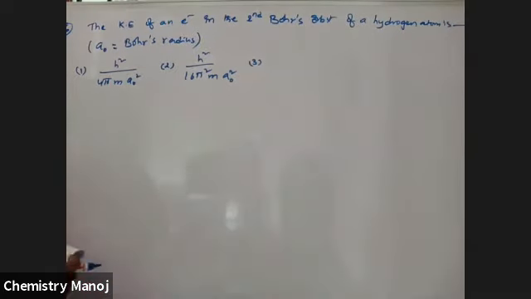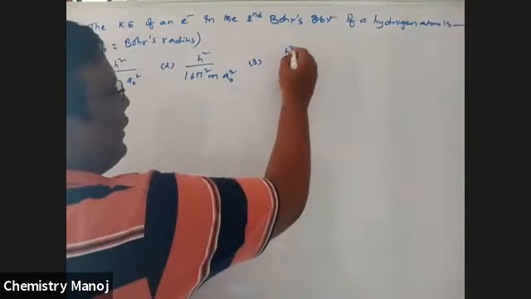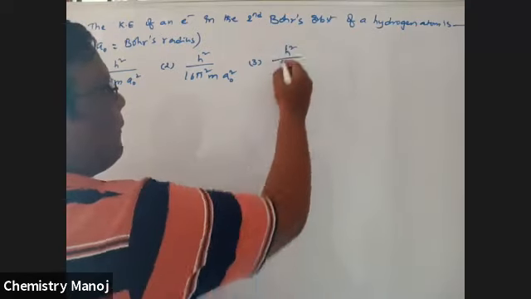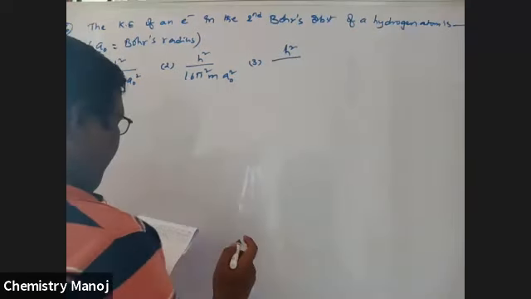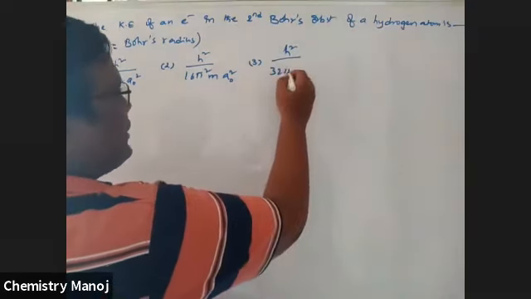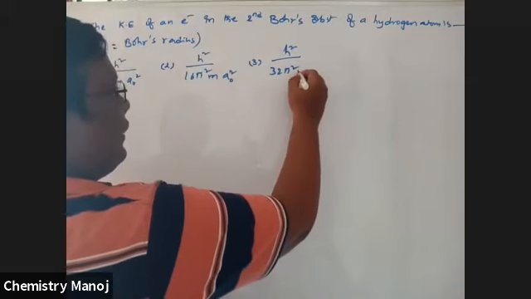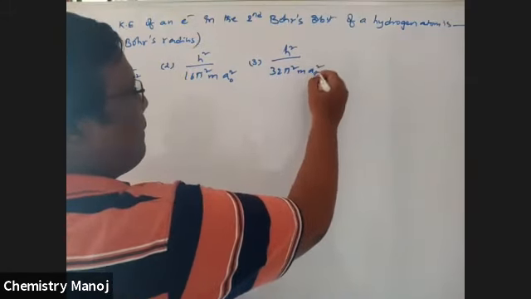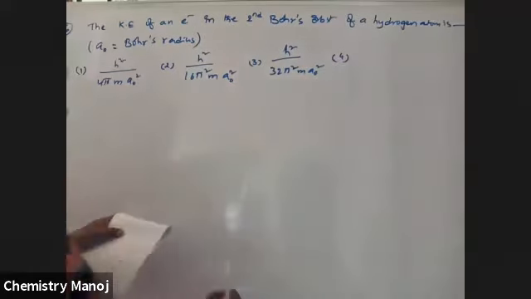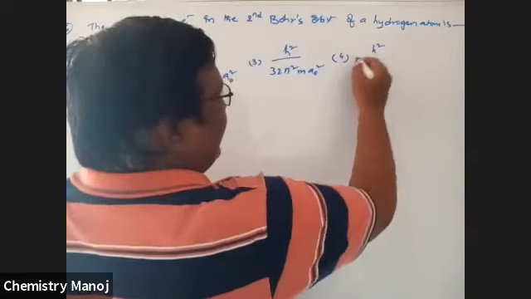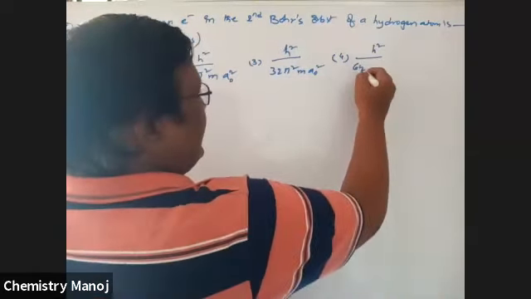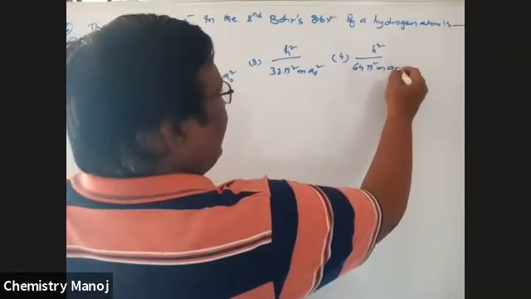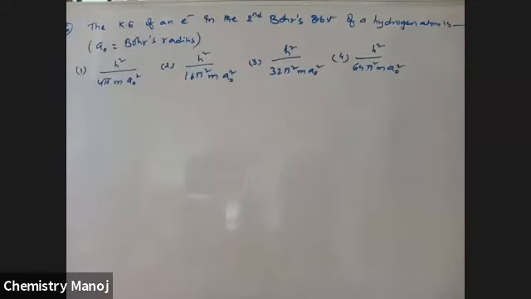Option 3, h square by 32 pi square m A naught square. Option 4, h square by 64 pi square m A naught square. Which is the correct option?